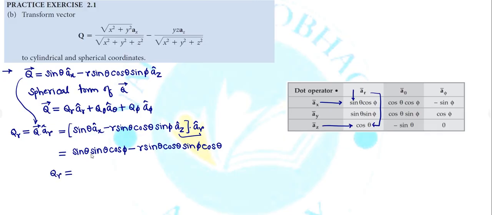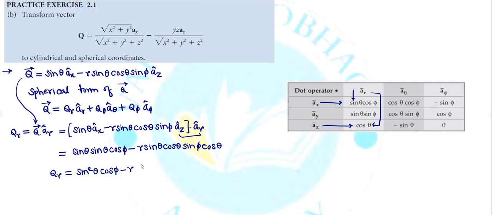So Q r will be equal to what now? Either way, you can take sine theta as common, or you can write that sine square theta. Anyway, we are going to write that as sine square theta. That totally depends on your practice, so you need not bother about that. So sine theta times sine theta is sine square theta, then we have this cos phi, then minus r, again we have sine theta, sine phi, and this cos theta.